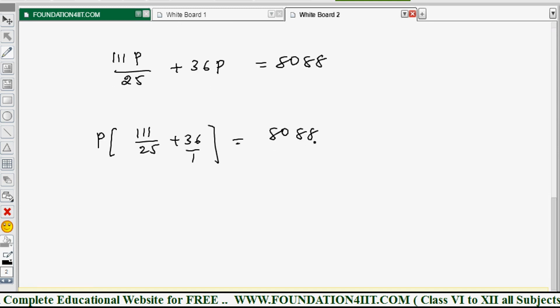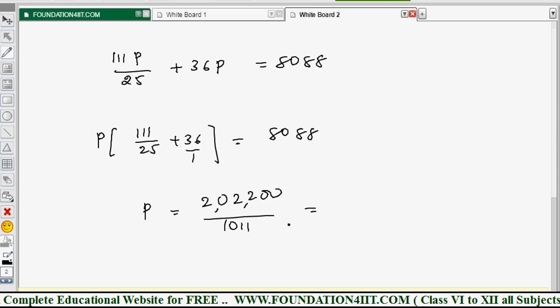From this you can find the value. Just do the LCM. Then finally P is equal to 8088 into 25 divided by these values, that is 202,200 divided by 1011. I did the LCM and took it out to this side.